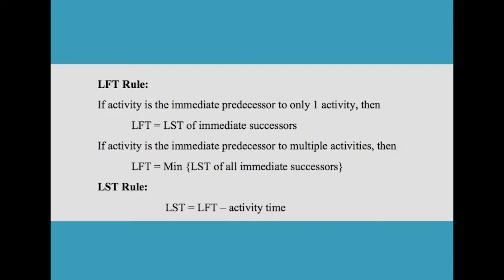LFT rule: if an activity is the immediate predecessor to only one activity, then LFT is obtained as the LST of the immediate successor. If the activity is the immediate predecessor to multiple activities, then LFT is obtained as the minimum of the LST of all immediate successors, and the LST rule is LST is obtained by calculating LFT minus activity time.